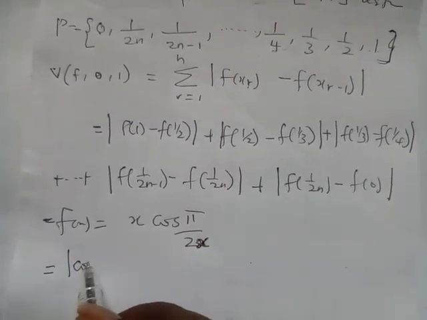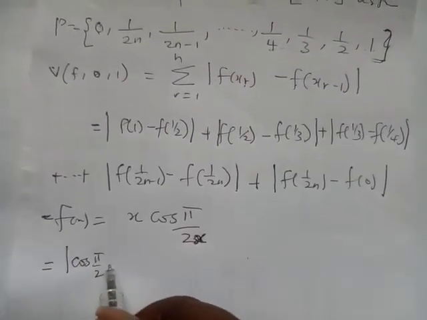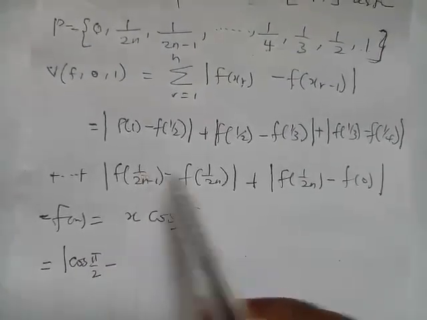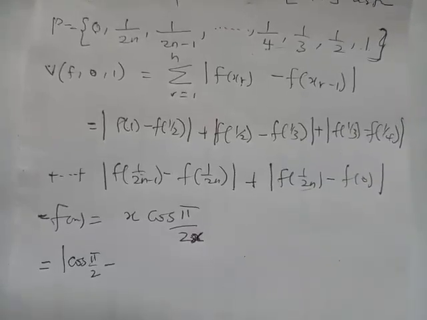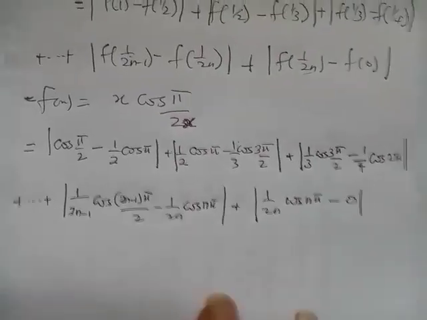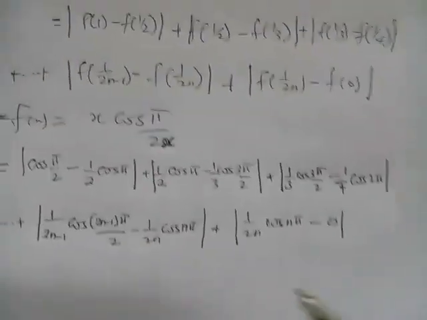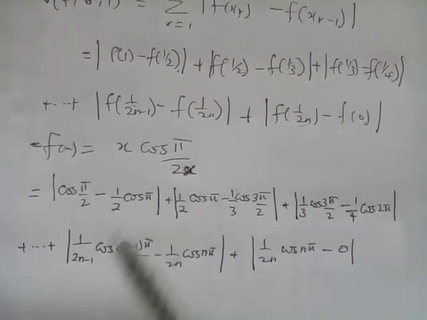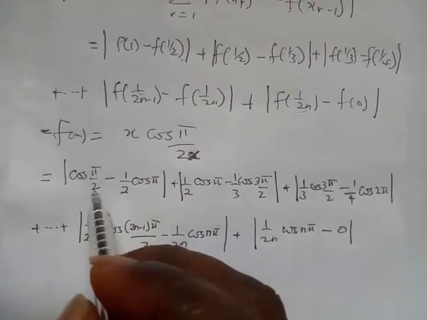This will be cos pi over 2 minus. So let me write them out. We put s to be all these numbers, so we are going to have the following. I have written everything out.